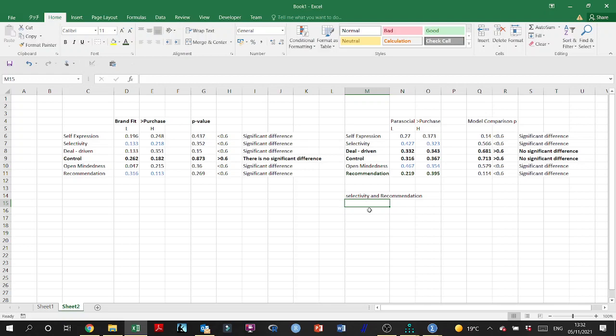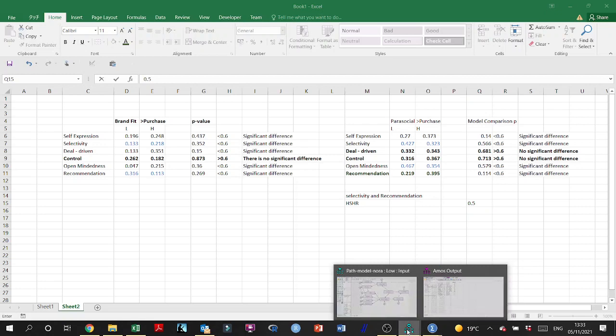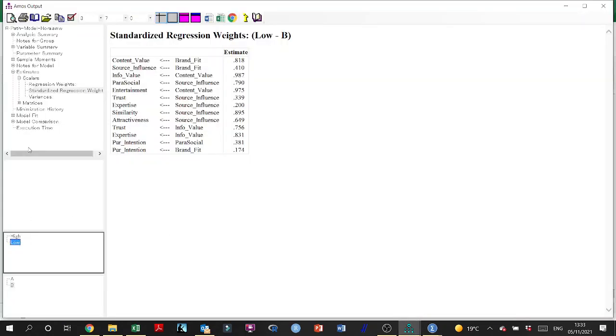So we have high S, high R now, and the p-value was 0.5 something. So there is a significant difference, right? Now for the low, it is 381 and 318.